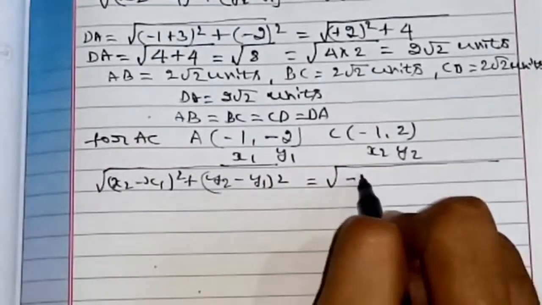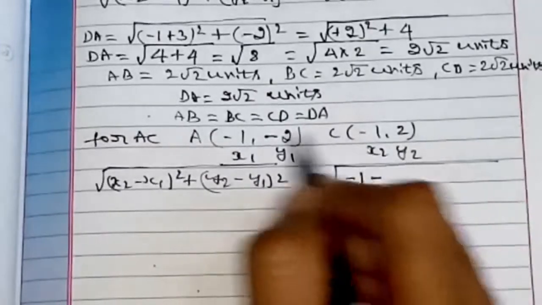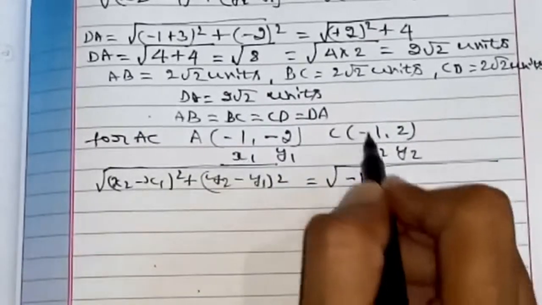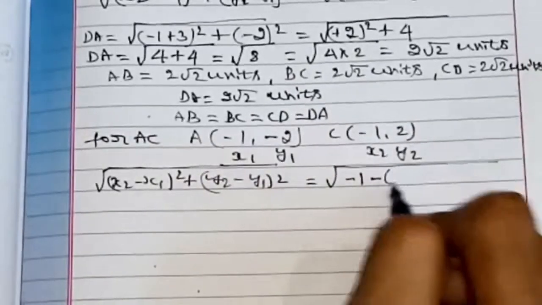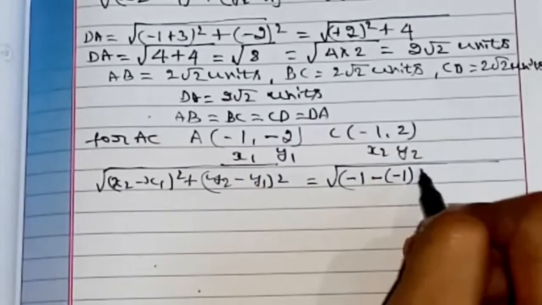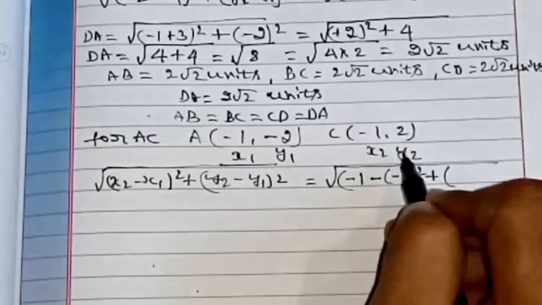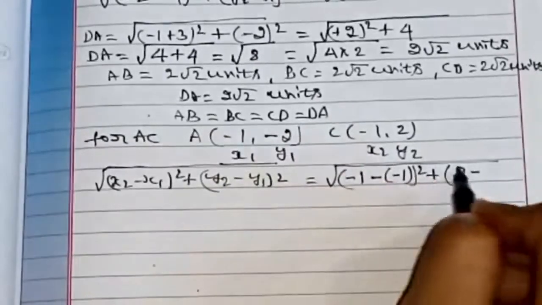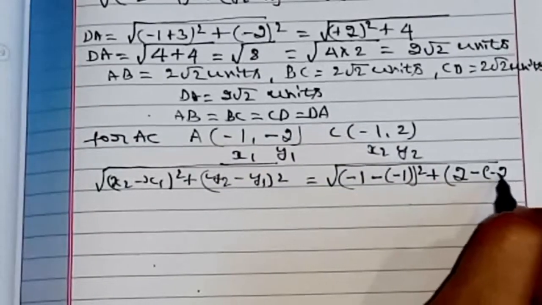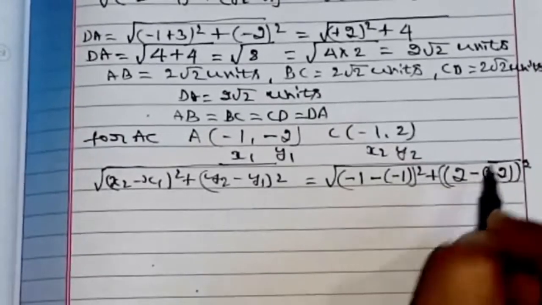X2 is -1, here minus is there, so minus, what is x1? X1 is -1. So minus of -1 whole square, right? Plus, what is y2? Y2 is 2, minus, what is y1? Y1 is -2. So minus of -2 whole square, right, children?